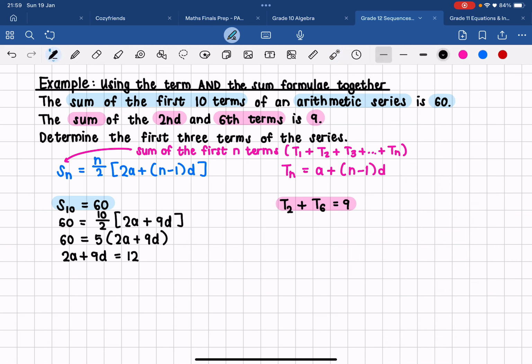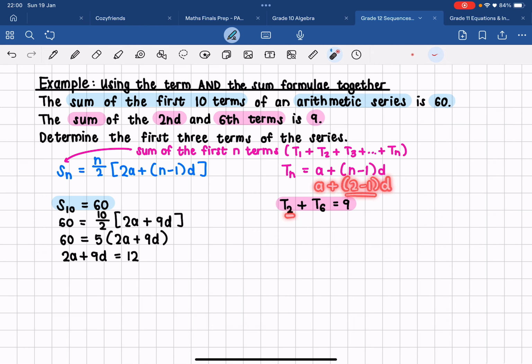So now guys, I'm going to again use this term formula to write an expression for term 2. Now term N is A plus whatever the N value is minus 1 times D. So for term 2, it's going to be A plus 2 minus 1 times D, because for term 2, N is 2.